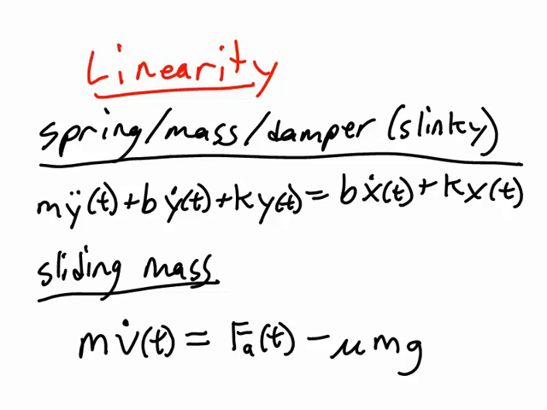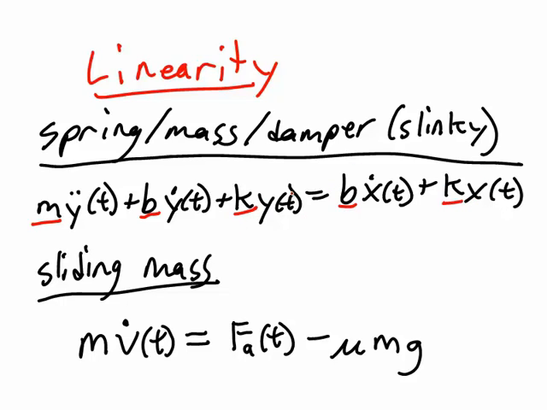These two equations both are the sum of constants times the input and output signals and their derivatives. Mass is a constant. Damping is a constant. The spring constant. All of these things are constants times either the input or the output or the derivatives of the input or the output. There are no squares or cubes in any of these variables.